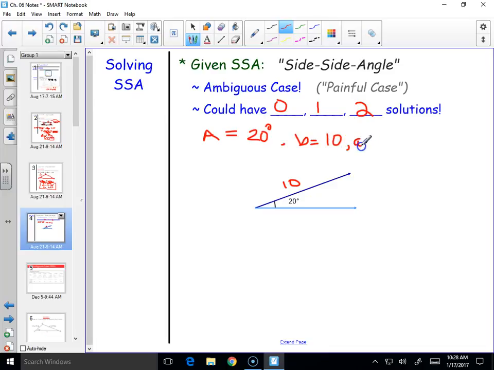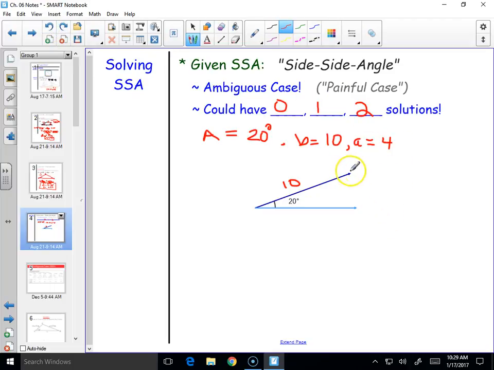And little a is equal to 4. Now if you want to know what I just did, I just pretended like this was a right triangle and I figured out what this side would be using sine, opposite over hypotenuse. It was 3.4-ish. 3.4-ish is if it was a right triangle, but it's not.